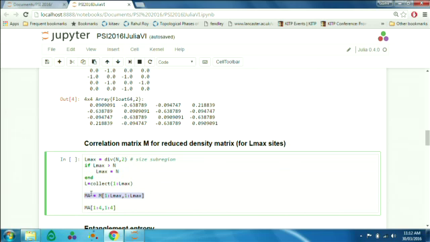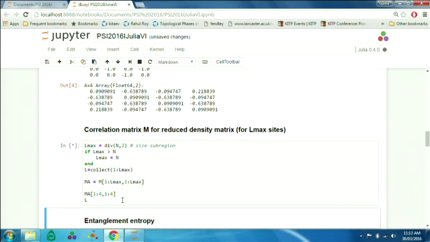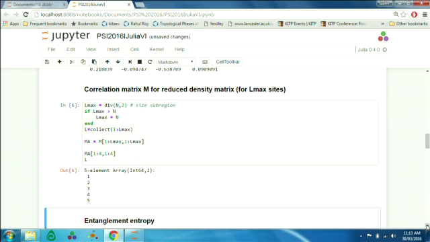And this L is just producing all the region sizes that we want to analyze. The system size is fixed, but the size of the region is going to be 1, 2, 3, 4, and 5. We're going to compute entropies for one side, 2 sides, 3 sides, 4 sides, and 5 sides.